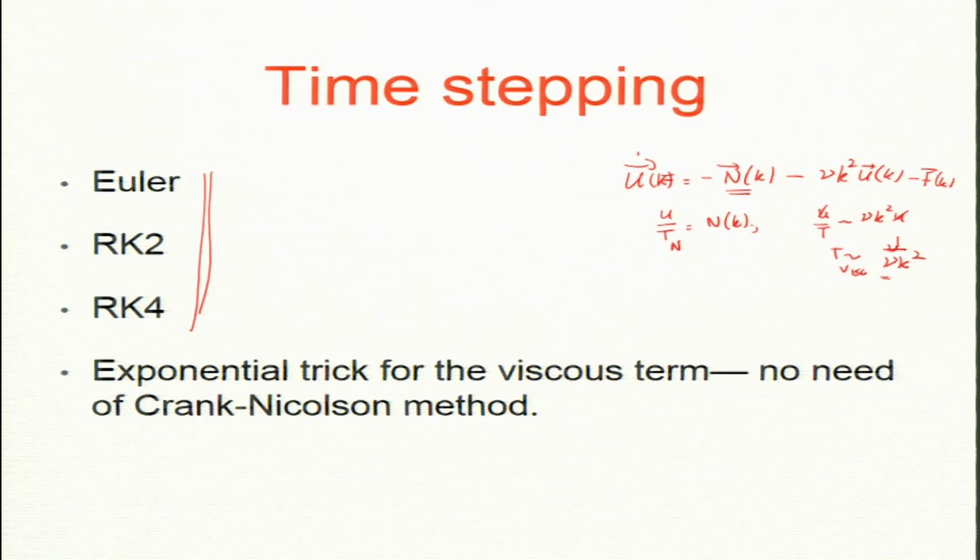One idea is to get rid of one of the time scales altogether with a nice trick called the exponential trick. We can absorb the viscous term by a change of variable. We have a manual of our code, you can have a look. This is a very simple scheme. So there is no need for Crank-Nicolson for the spectral method in a periodic box.